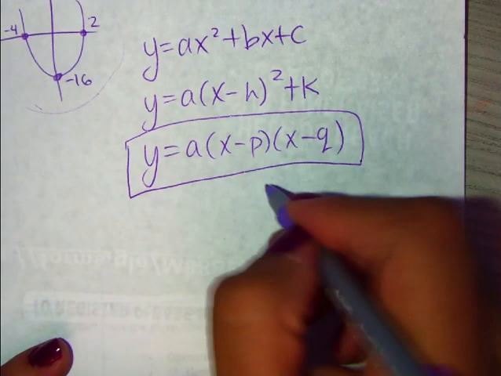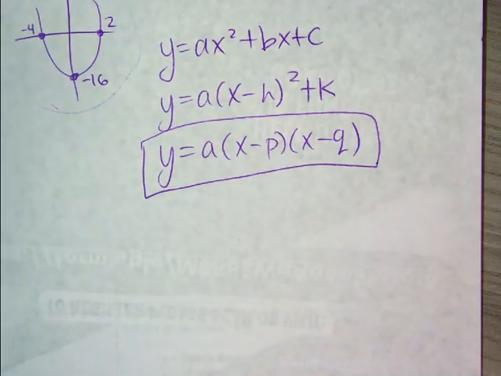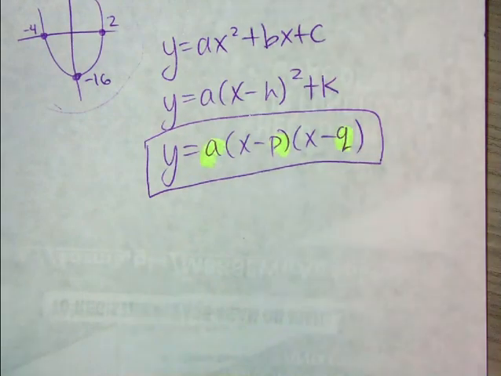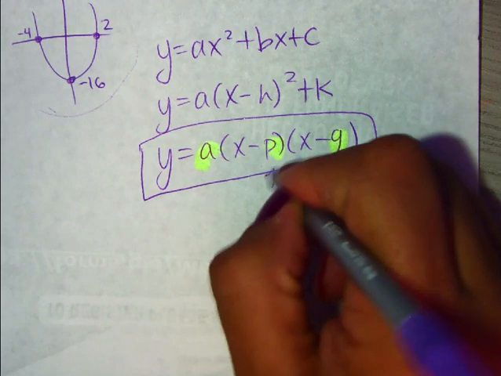You're going to substitute 3 different values here: the A value, the P value, and the Q value. The P and Q are the intercepts.